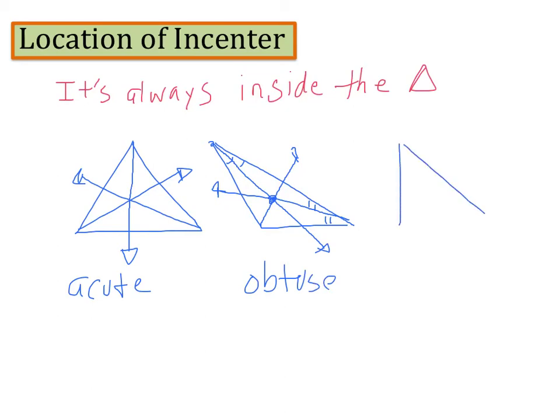And for a right triangle, same. This splits that angle, this splits that angle, and this splits that angle. So for incenter, it's always inside the triangle. And this is a right triangle.